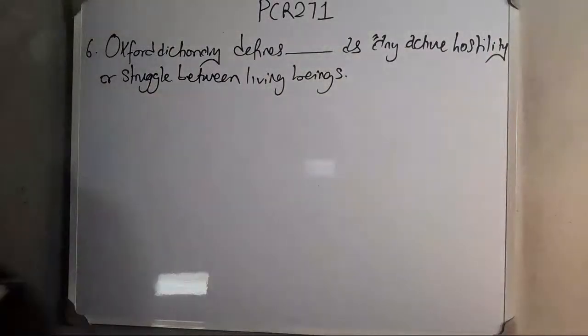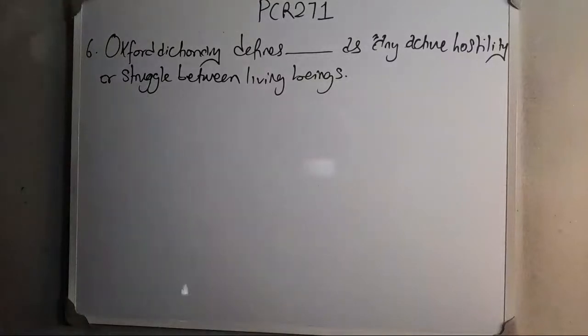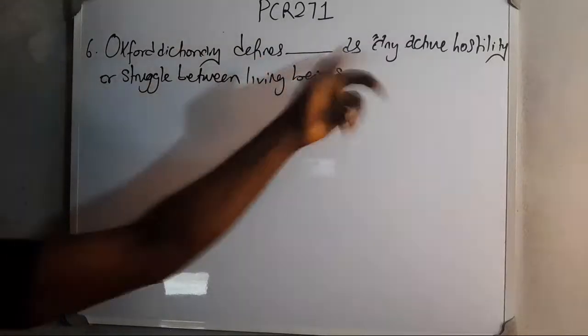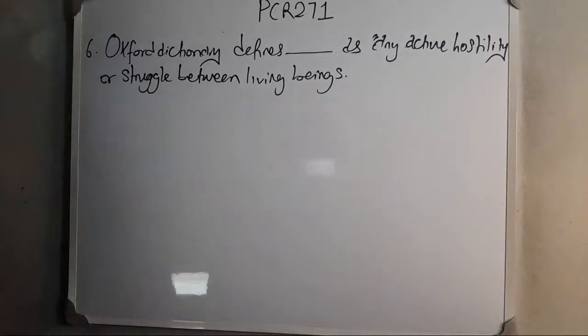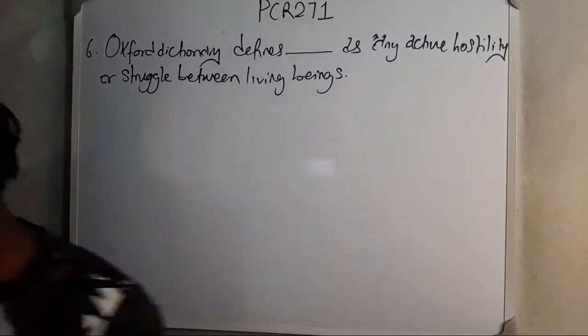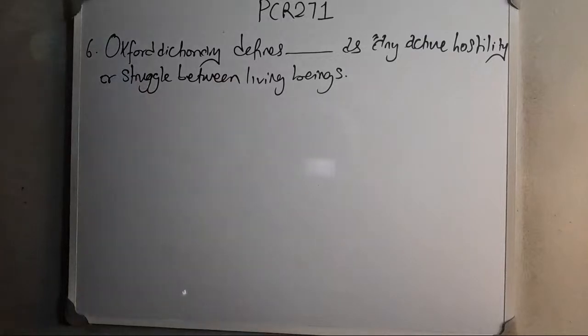So, what's the answer to this question, please? Oxford Dictionary defines dash as any active hostility or struggle between living beings. Okay.